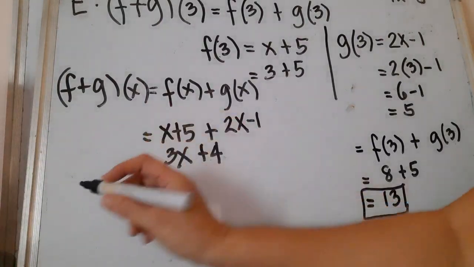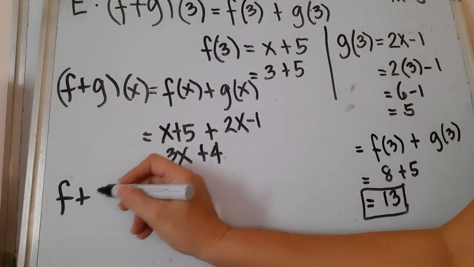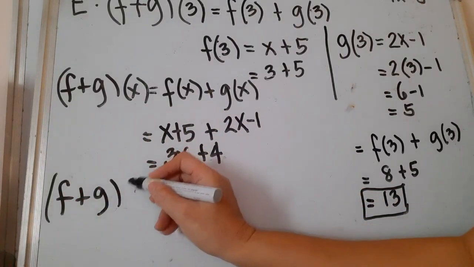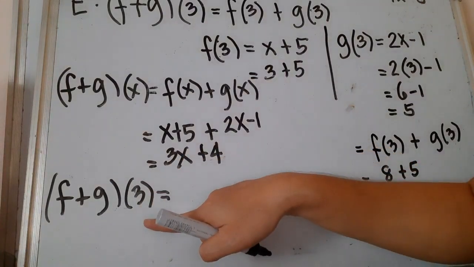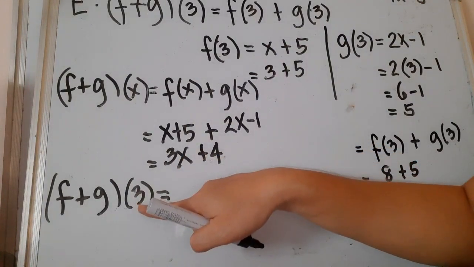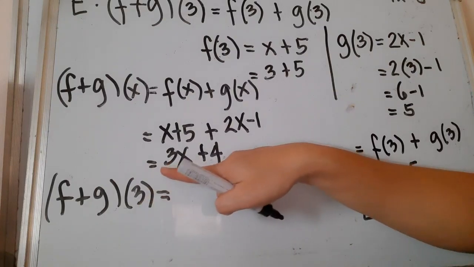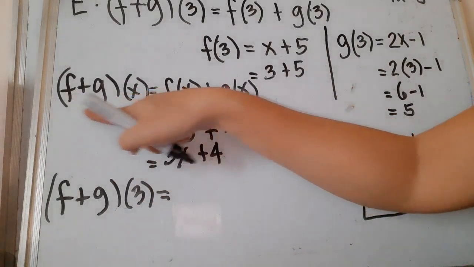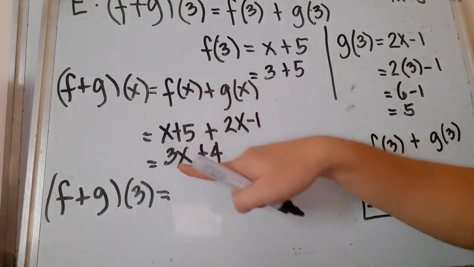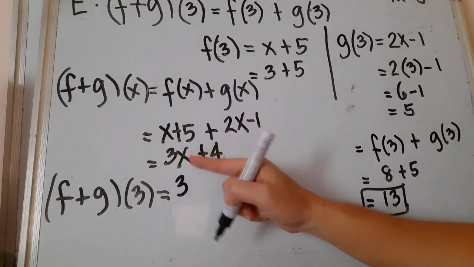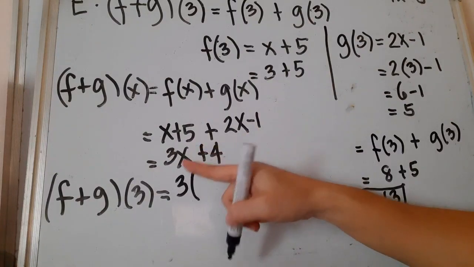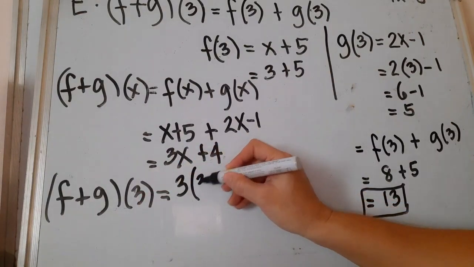Now, we need to look for f plus g of 3. We will now substitute the value of x to the sum of these two functions, which is 3x plus 4. So instead of writing 3x plus 4, we will substitute this x with 3.